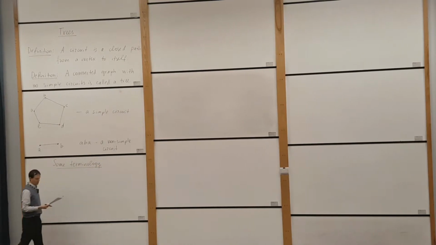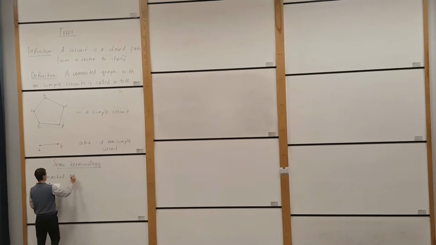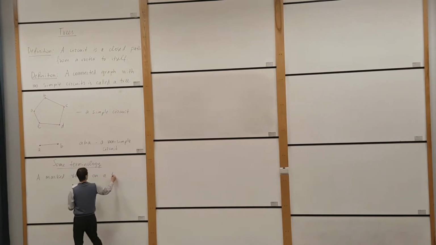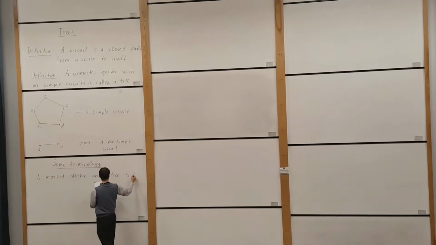A marked vertex on a tree is called a root. Any vertex can be a root, but usually it depends on the context. You'll see in the examples later that there's usually a natural choice for that special vertex.